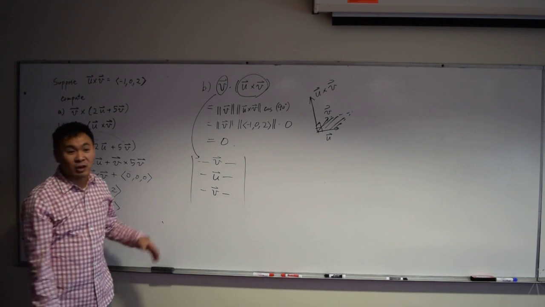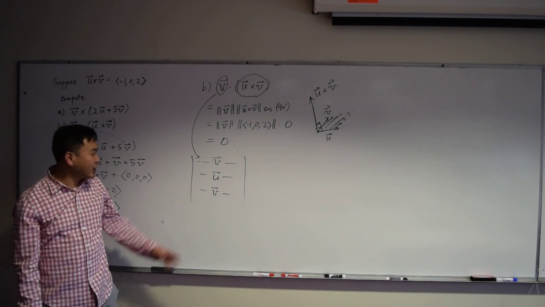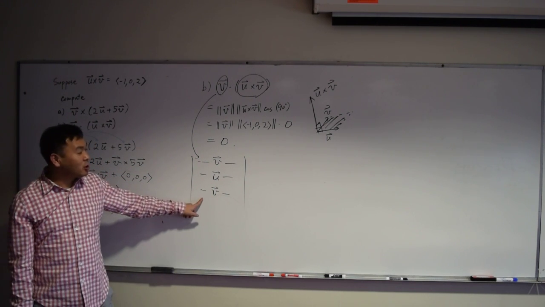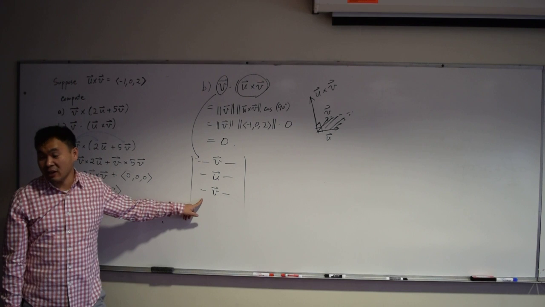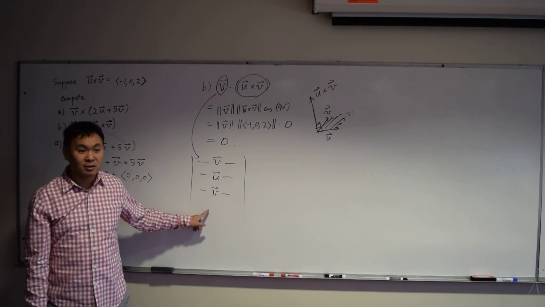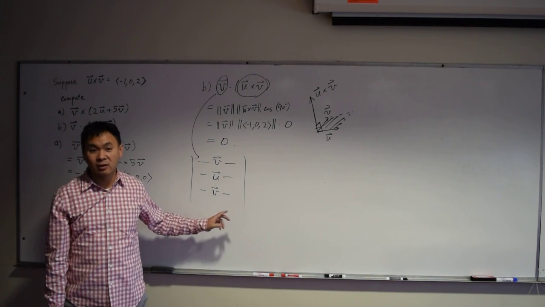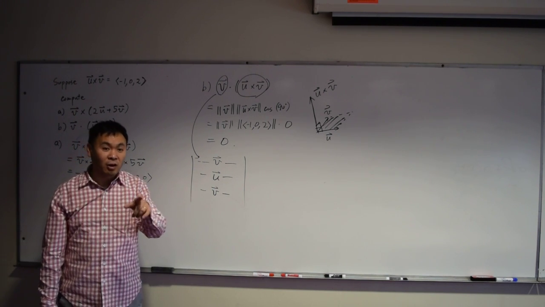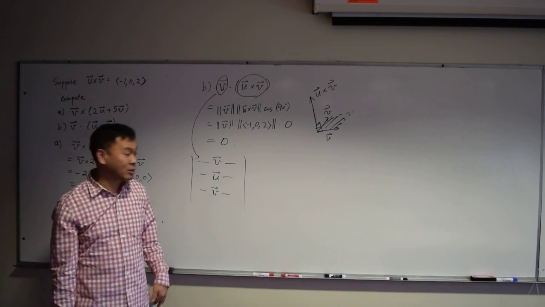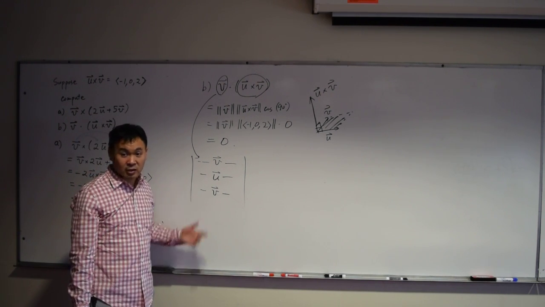That's how you actually calculate it. But we can't use it here because we don't know what v and u are. But we also have the geometric interpretation of this value. It's the volume of the parallelepiped. That's the geometric interpretation of the determinant, right?